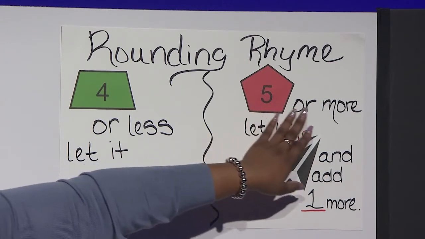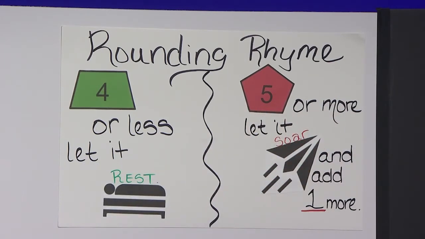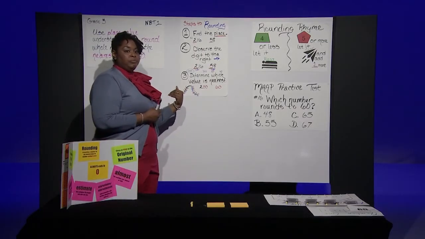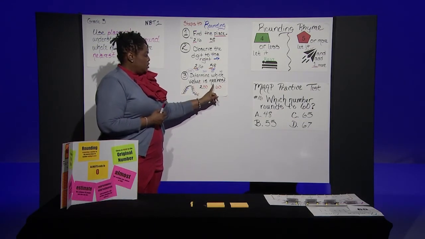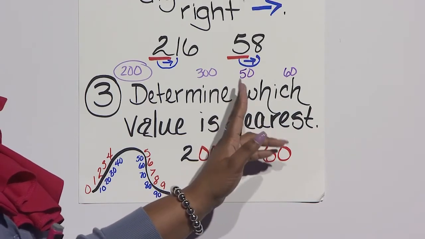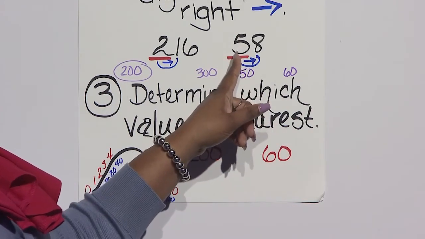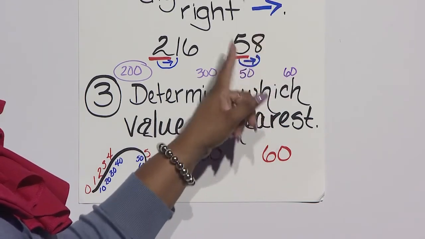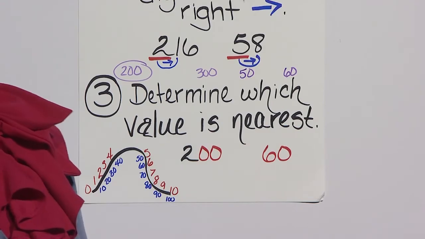If it's 5 or more, let it soar and add 1 more. So let's go back to what we were looking at. And here we have 58. And since the 8 is more than 5, we add 1 to the 5 and round it off. 60. Let's practice some more.